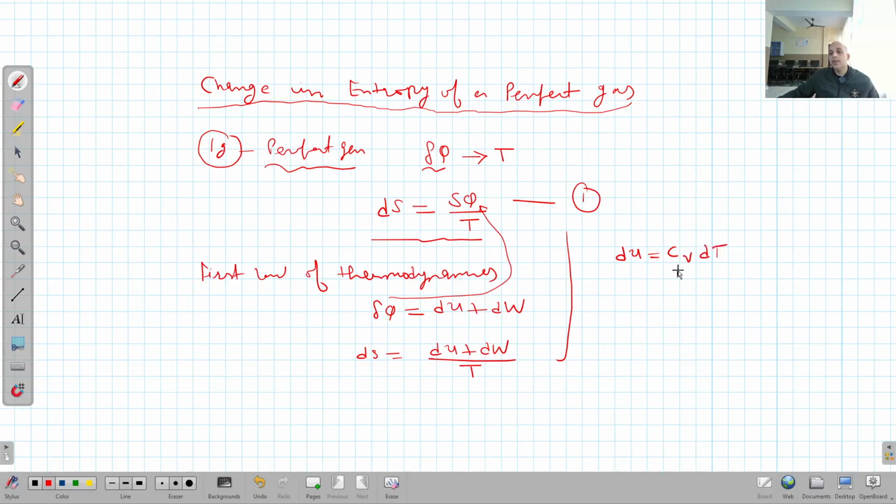What is Cv here? Cv is the specific heat of this gas at constant volume, and dT is the rise in temperature.